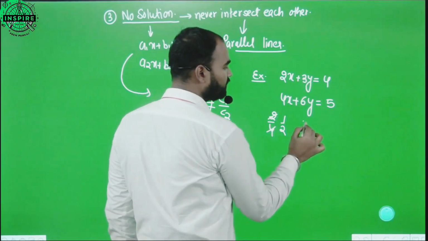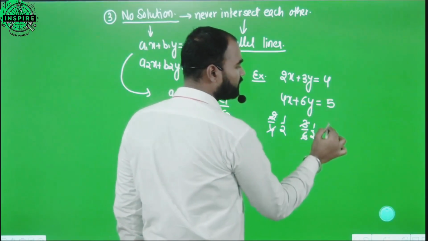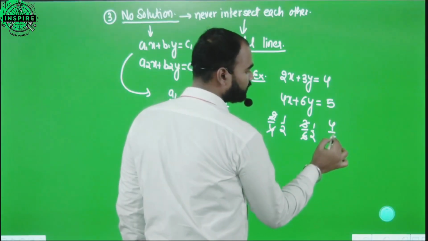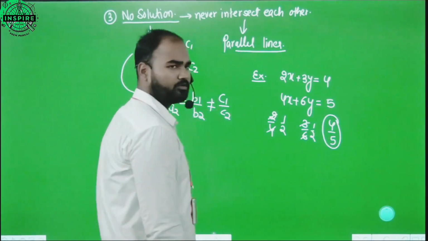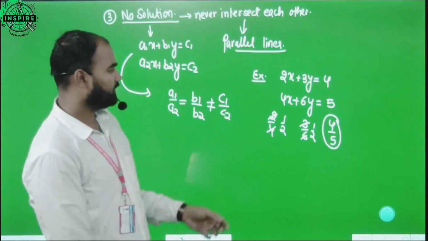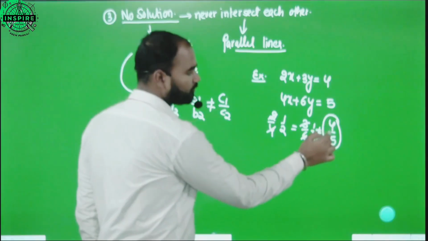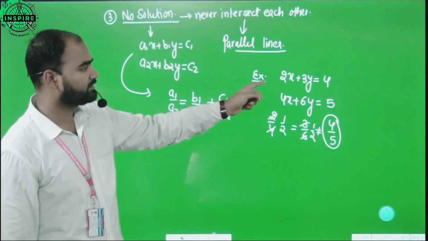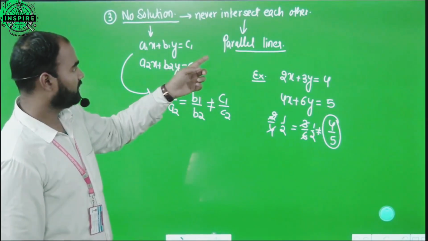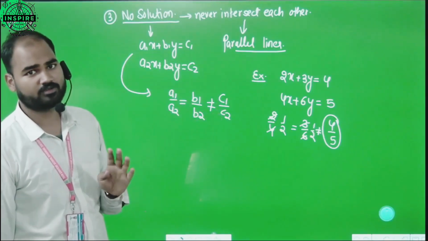The ratio for b1 upon b2, that is 3 upon 6, gives 1 upon 2. And the ratio for c1 upon c2, that is 4 upon 5, is taken as 4 upon 5 only, because these are co-prime numbers. So a1 upon a2 equals b1 upon b2 but not equals c1 upon c2. Hence these two lines are parallel lines. They never intersect each other, hence they never give a solution.